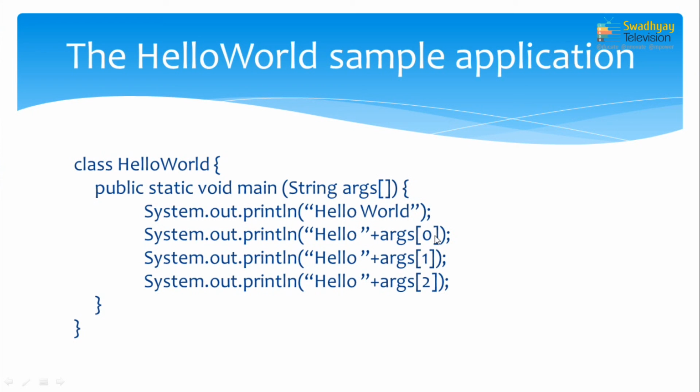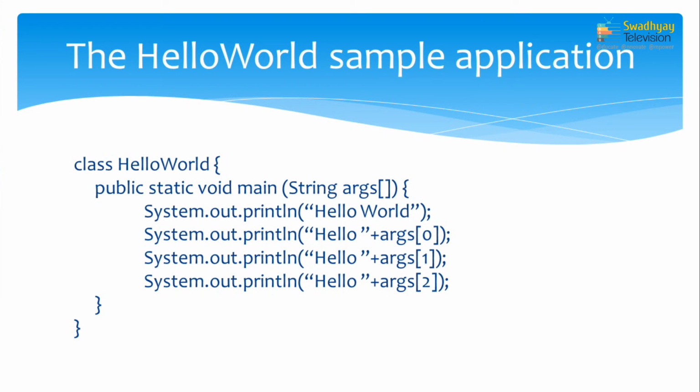It means I want to display the first command line argument specified by the user. This program assumes that we will provide at least 3 command line arguments. If these 3 arguments are not provided, then it may result in an error. So, this is how we display a value provided by the user at the command line.